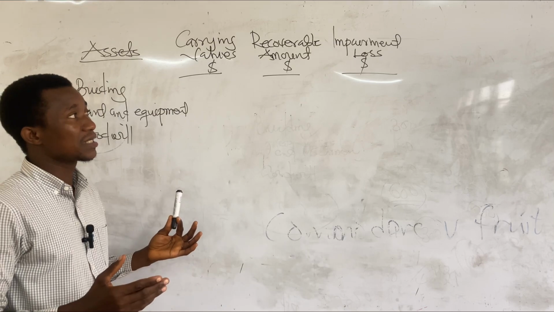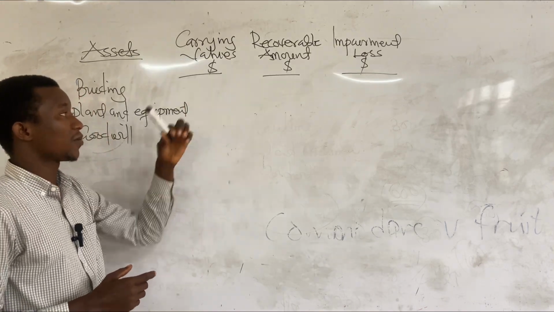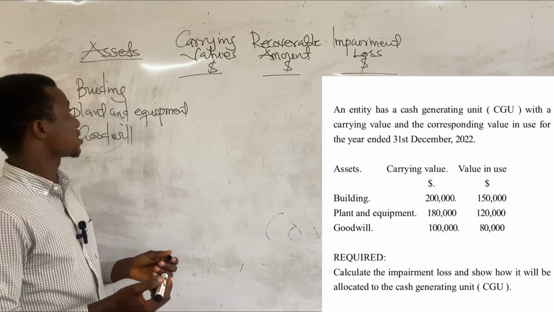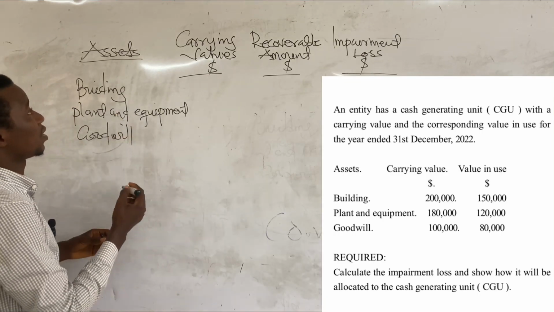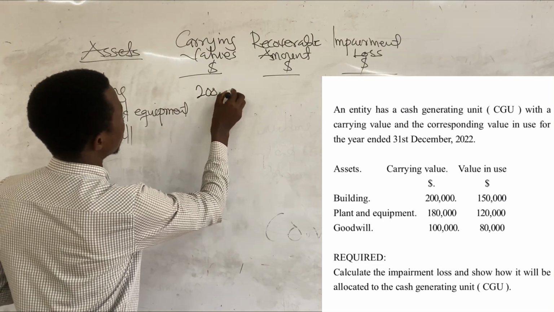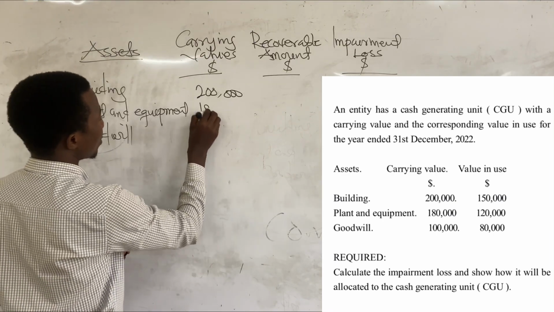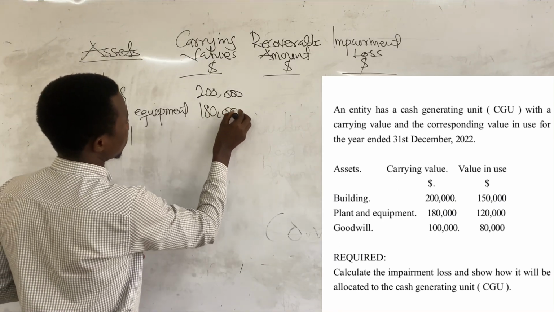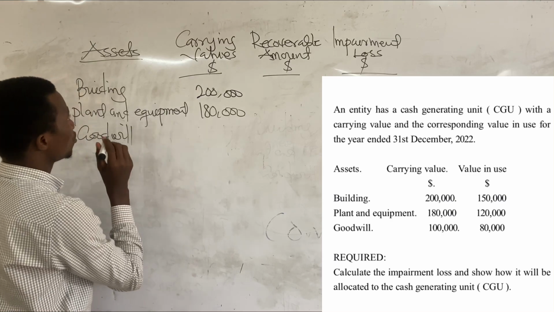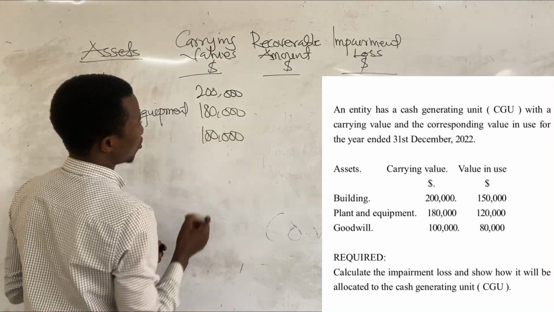So to get the impairment loss, we just subtract the recoverable amount from the carrying amount. From the question, we have the carrying value for the building being $200,000. For plant and machinery it is $180,000. We have goodwill carrying value being $100,000.